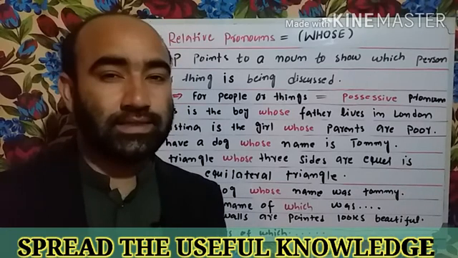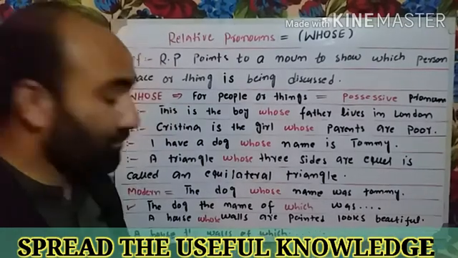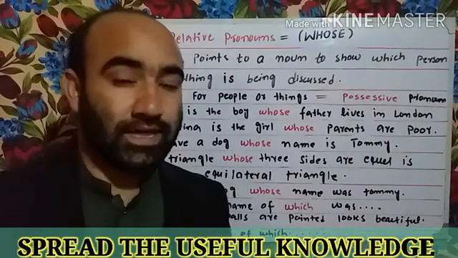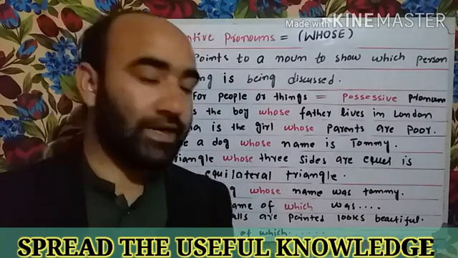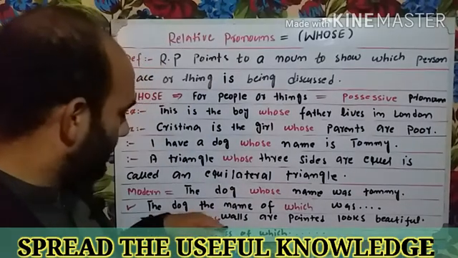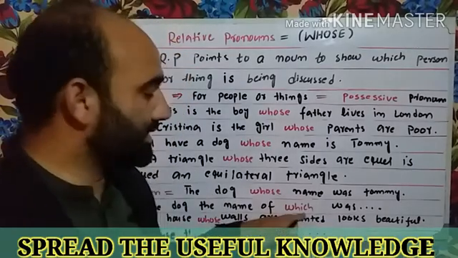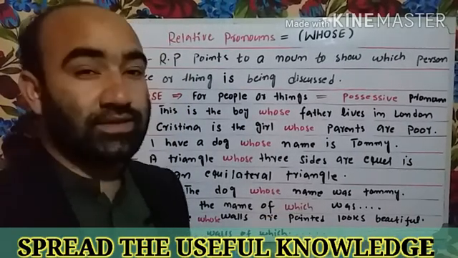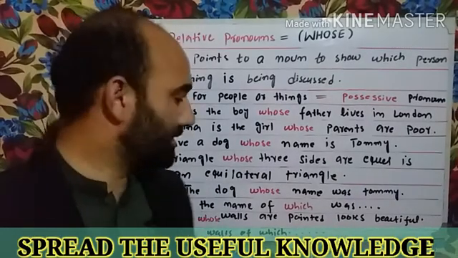And whose is also used in modern English for both living as well as non-living things. But in the first time, it was used just for human beings. The dog, the name of which was. Now you can see here, which will be the formal way of telling this sentence.